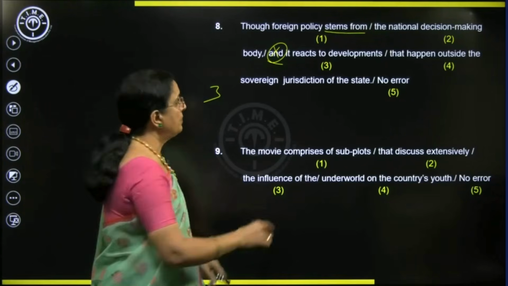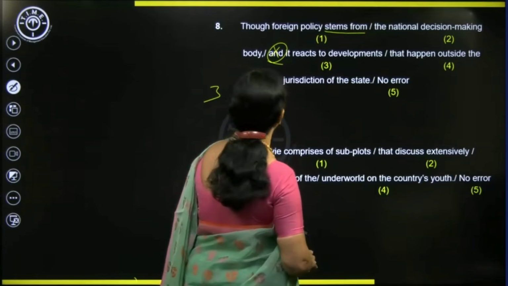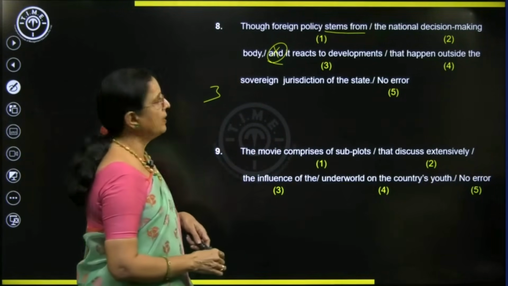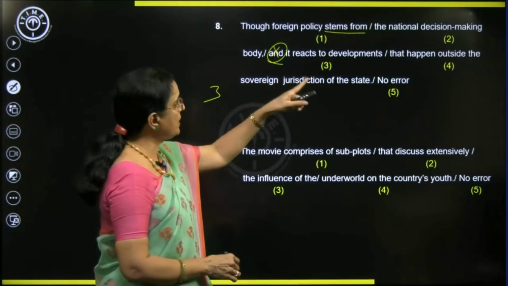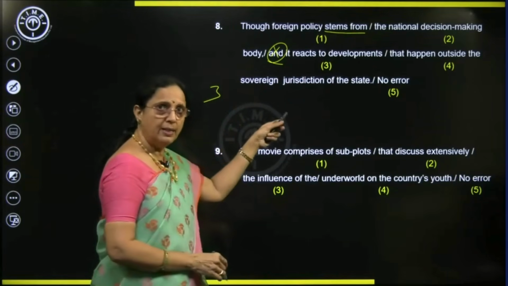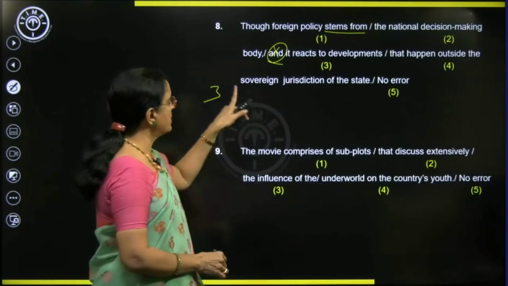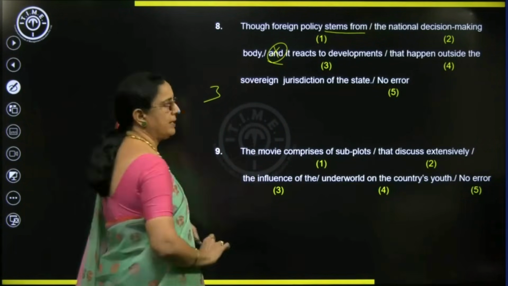Is that clear? But another place where and can be correct. Where is that? That happened. That is correct. That is what? Developments. Okay, so though foreign policy stems from the national decision making body, it reacts to developments that happen outside the sovereign jurisdiction of the state. Perfect structure. We don't need and there.